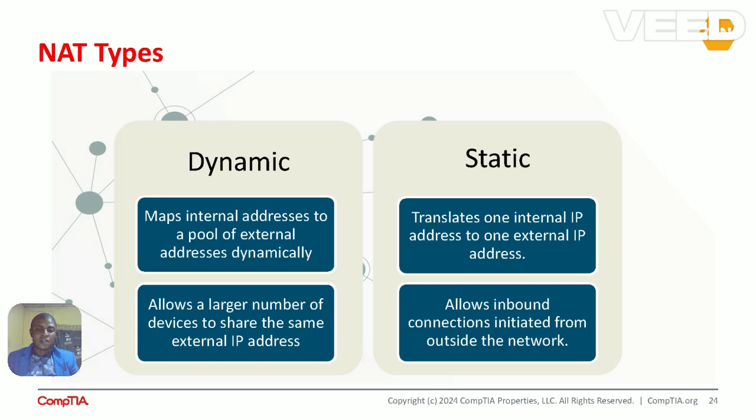So I think the consideration of this static is for security purposes. You have to vet any information that is coming in and any information that is going out. So these are the types of network address translation: we have the dynamic and we have the static.